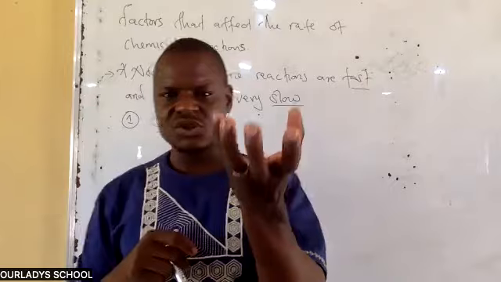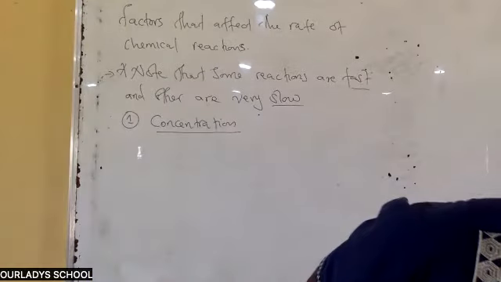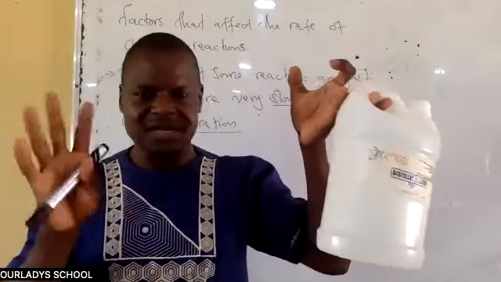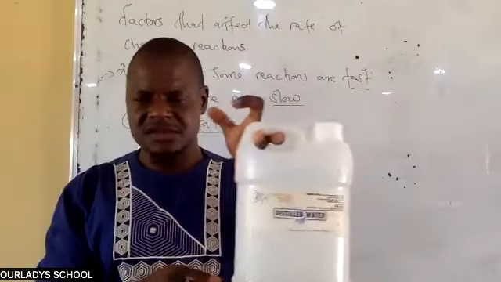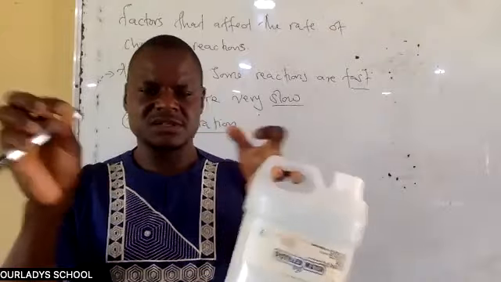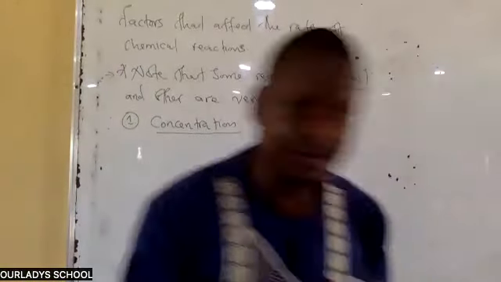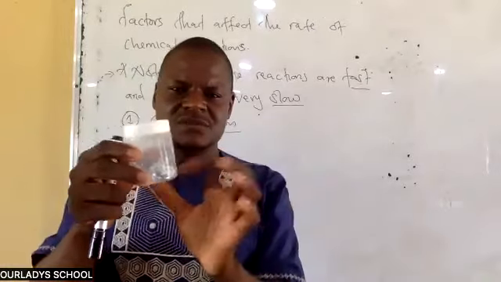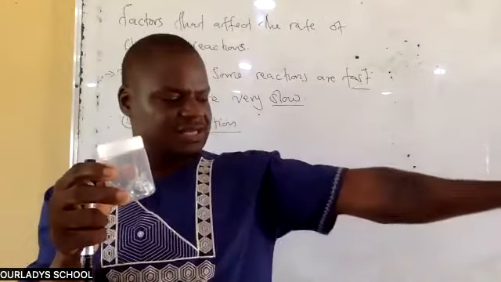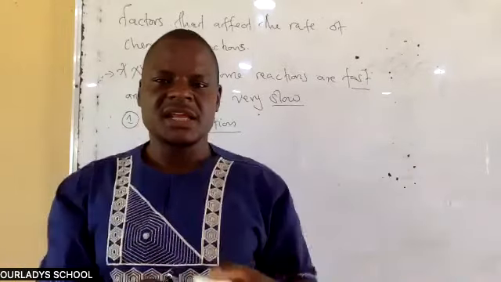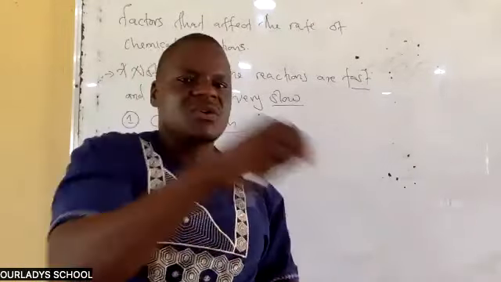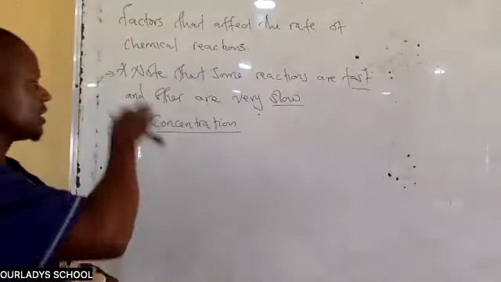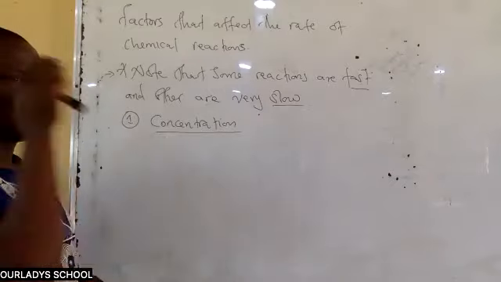So we have a solution. Let's say we have 500 mL of deionized water, which is a solvent. And should we weigh magnesium ribbon, which is a solid, the amount of it that's going to sit in that solvent is going to determine how concentrated that solution will be. So that's why I'm saying concentration is the amount of solute in a solvent.